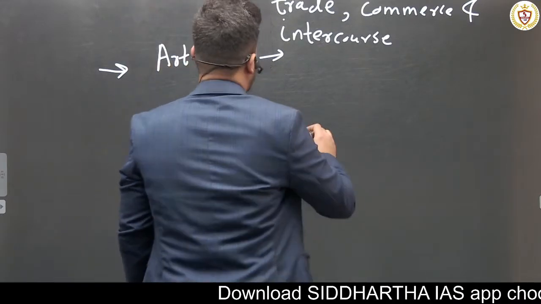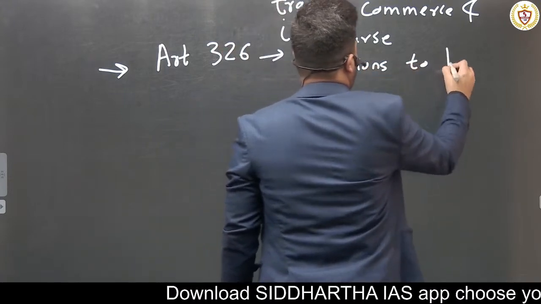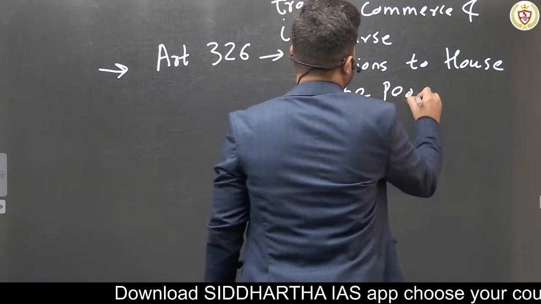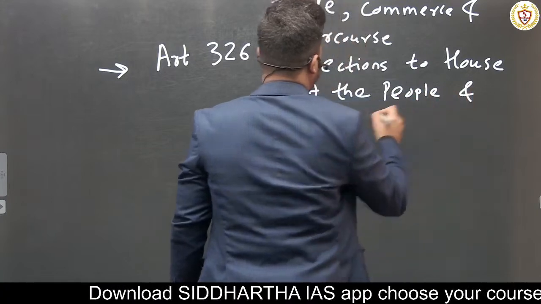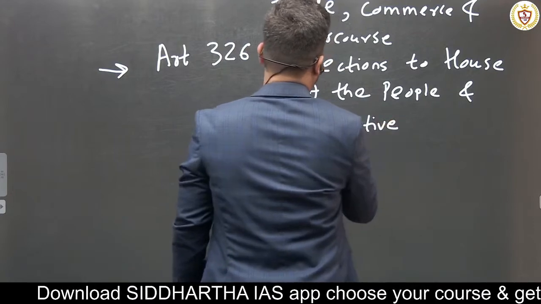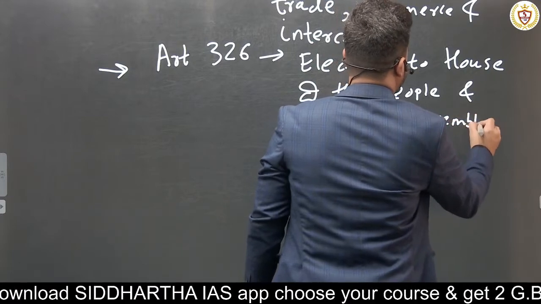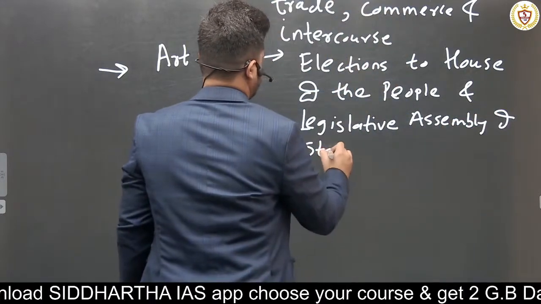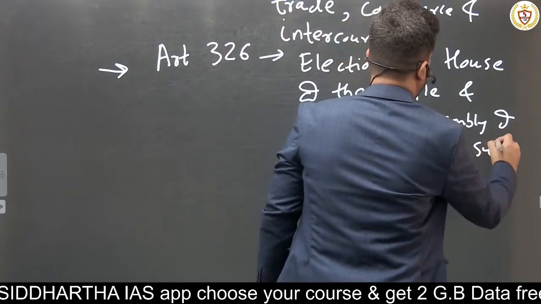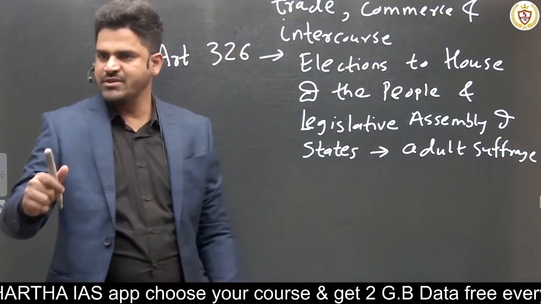Article 326 states that elections to the House of the People and the legislative assembly of states shall be on the basis of adult suffrage.